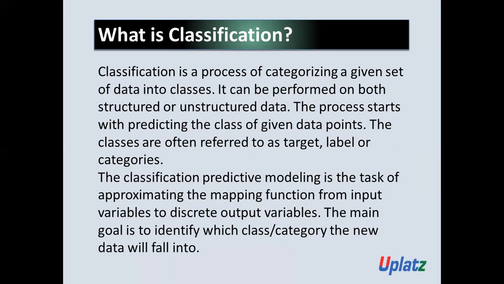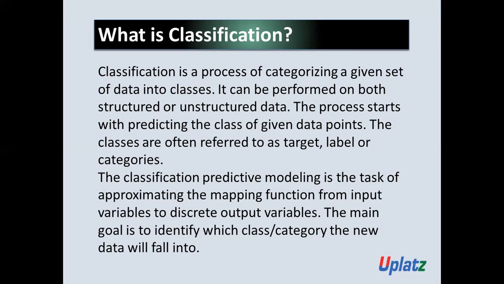The process starts with predicting the class of a given data point. The classes are often referred to as target, label, or categories. Classification predictive modeling is the task of approximating the mapping function from input variables to discrete output variables. The main goal is to identify which class or category the new data will fall into.